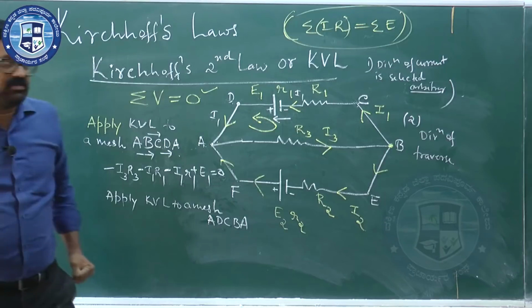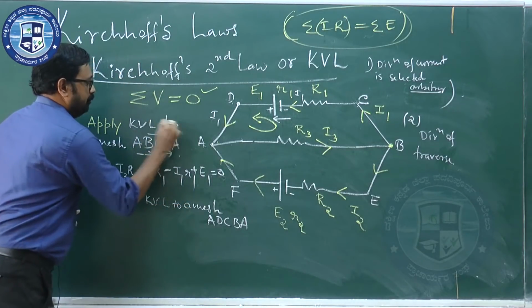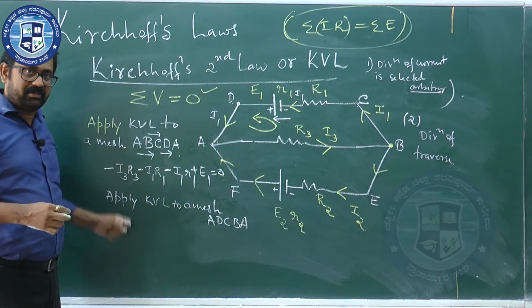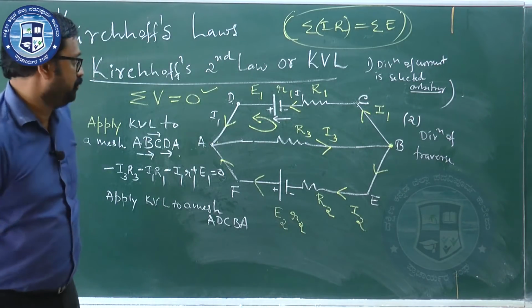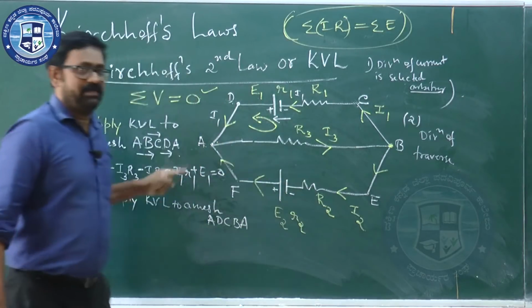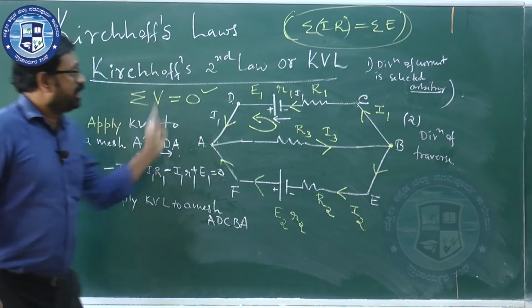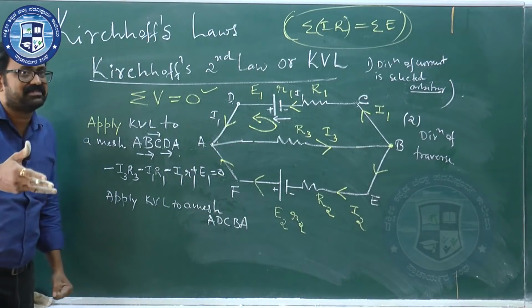See, what you notice here is, in both the examples, I am dealing with the same mesh. Can you notice that point? Earlier I applied KVL to a mesh ABCDA. Now I am applying KVL to a mesh ADCBA. Mesh is same, but the direction of a traverse is opposite.